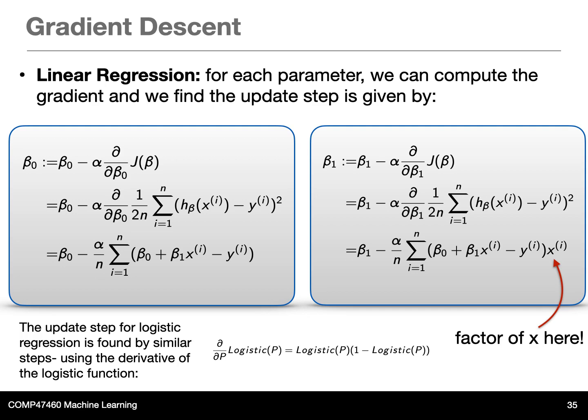The update steps for beta 0 and beta 1 are very similar, except you'll notice in beta 1, because it has this dependence on the variable x, so in the hypothesis function we have beta 1 times the variable x, we end up with a factor of x in the sum. As an exercise, you could go through a similar process for finding the update steps for logistic regression, and you may find the formula for the derivative of the logistic function to be useful here.